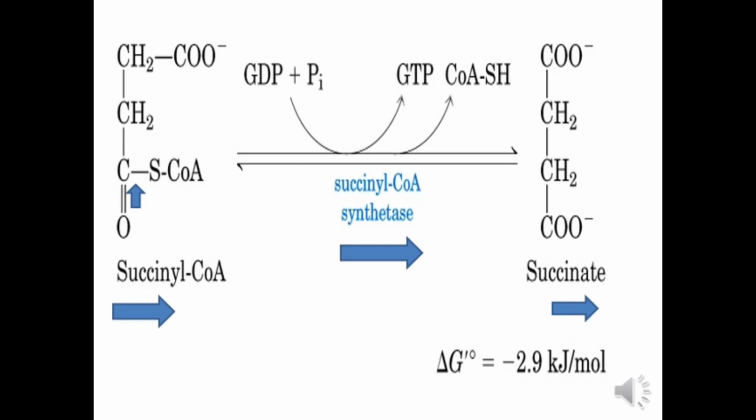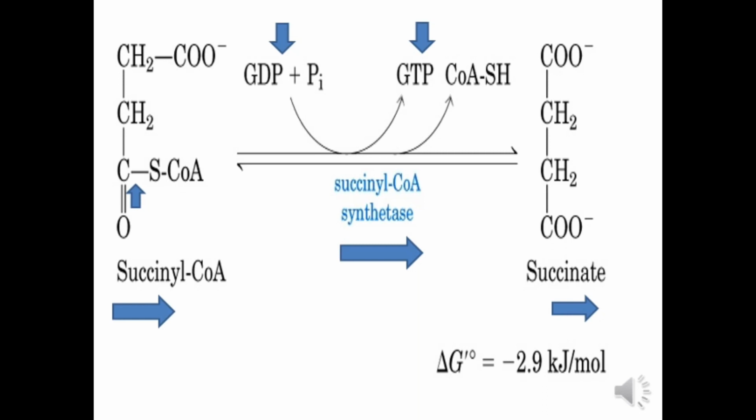The bond found between carbon 3 and the sulfur of CoA. This energy of succinyl-CoA thioester bond is used to generate GTP from GDP and inorganic phosphate. This is the only example in the citric acid cycle of substrate level phosphorylation.